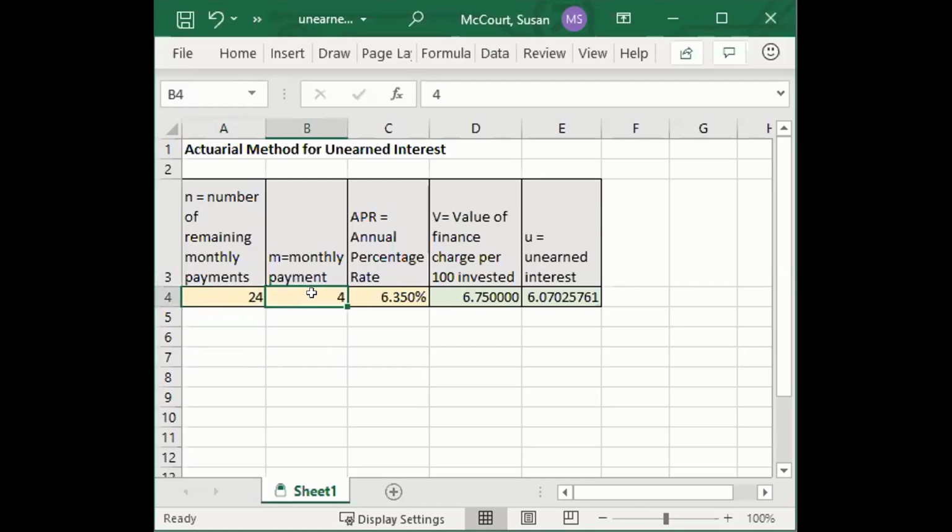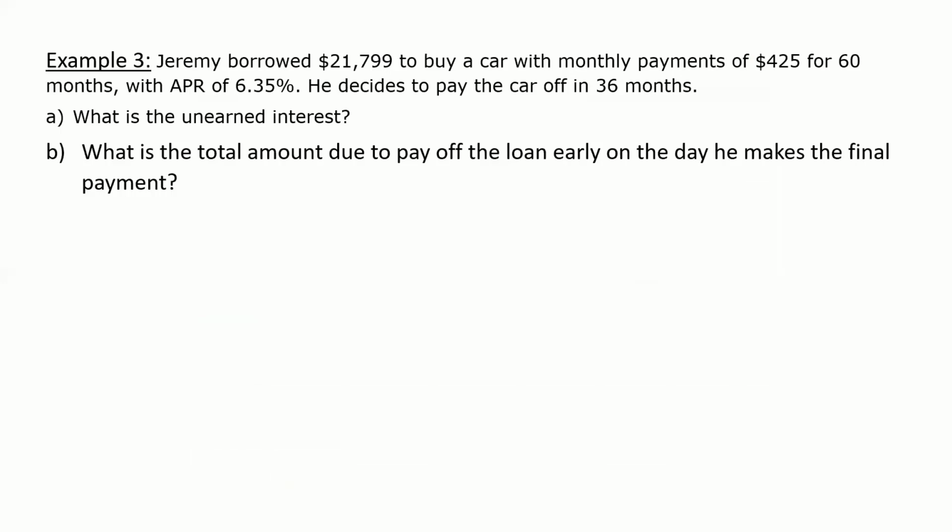Our monthly payments were $425, and our annual percentage rate was 6.35%. So that gives us unearned interest here in our last box, and we'll round that, so it'll be $644.96.